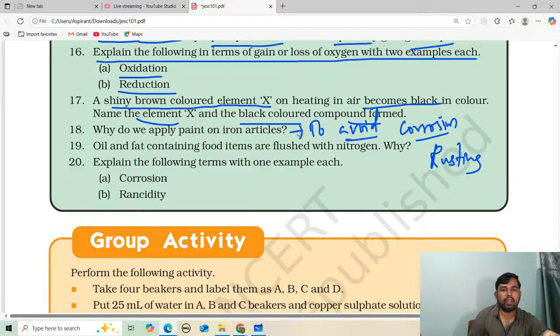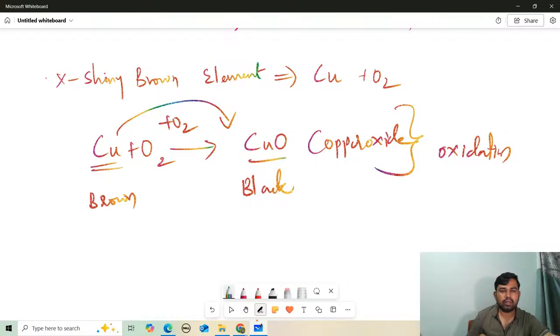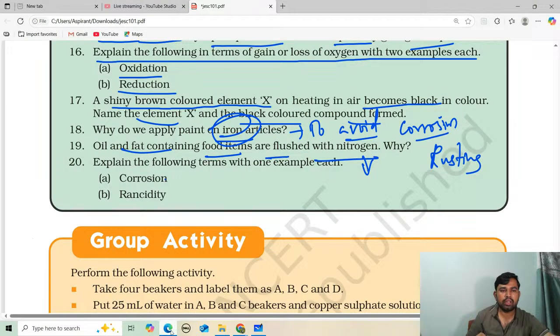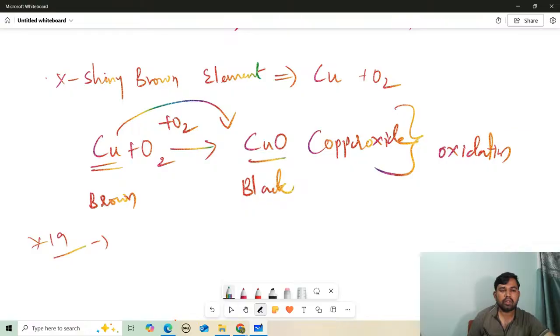Iron articles are prone to rusting. Question number 19: why are oil and fat containing food items flushed with nitrogen? Because oil and food items contain fats. Fats will react with oxygen and undergo the oxidation process.